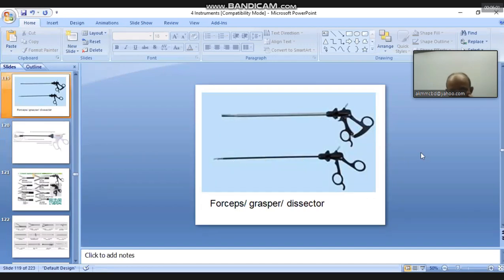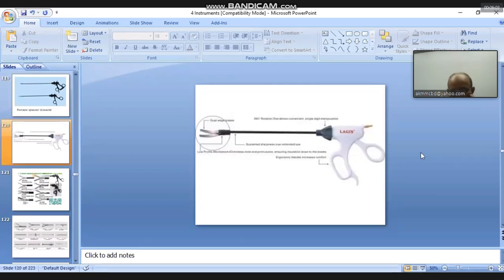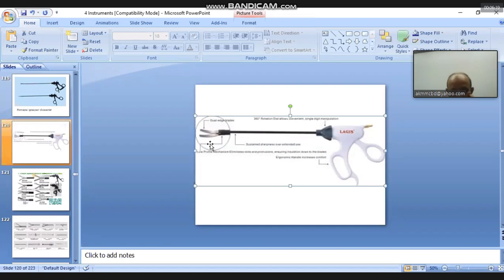We can interchange sometimes. Therefore, basically there are three parts: one is handle, one is shaft, and the working instrument. That is, here it is the scissor, or it may be something else.